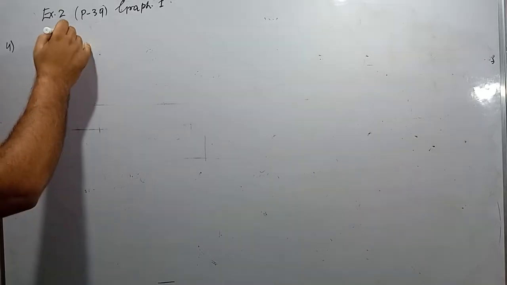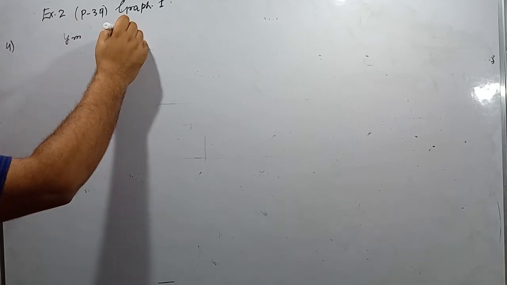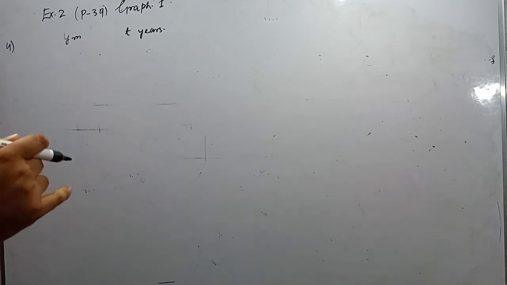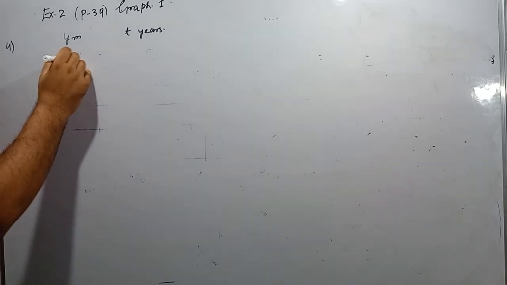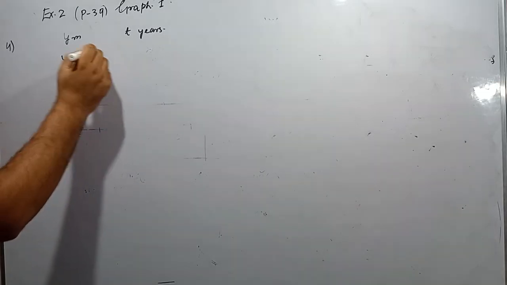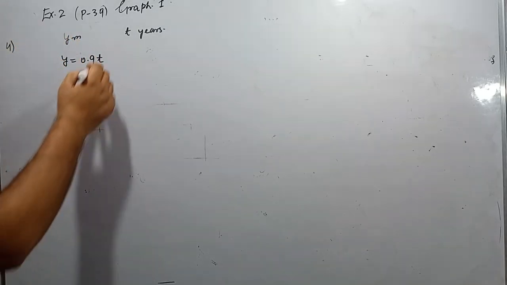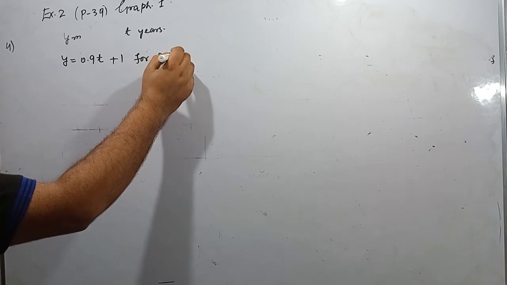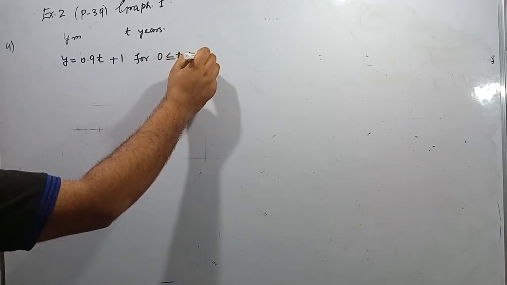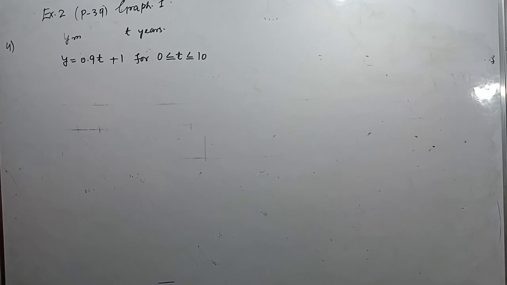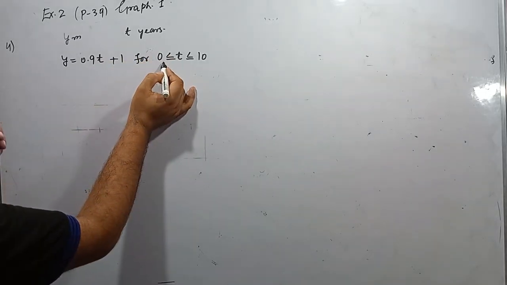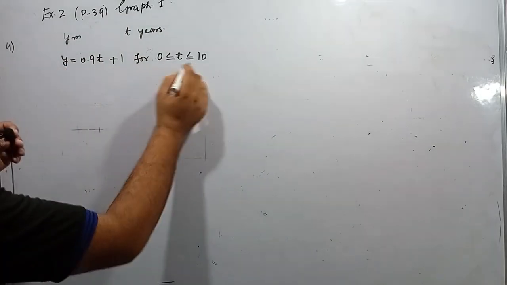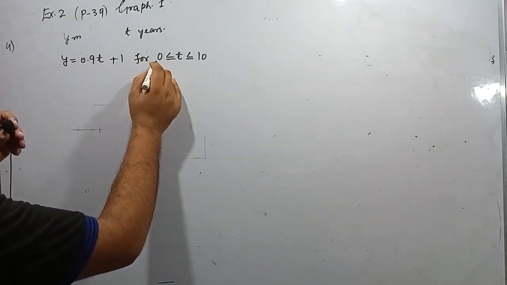So it is y meters and t years. Here the formula is y equals 0.9t plus 1 for 0 is less than or equal to t is less than or equal to 10. Or I can say t is greater than or equal to 0 and less than or equal to 10. So this is the formula. The values of t are from 0 to 10.